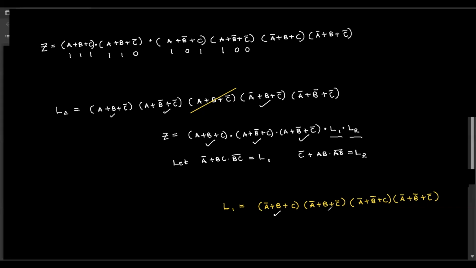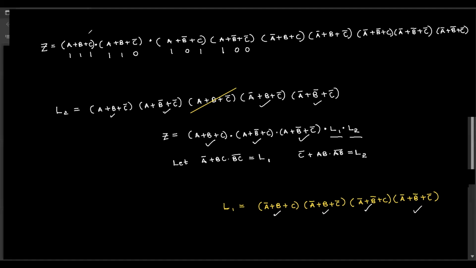Do we have that here? Yes, it's the same thing as that. Then we have A bar plus B bar plus C and A bar plus B bar plus C bar. And finally A bar plus B bar plus C bar.